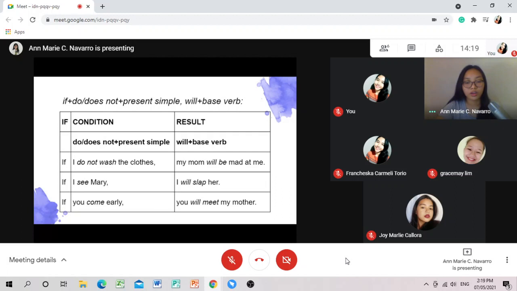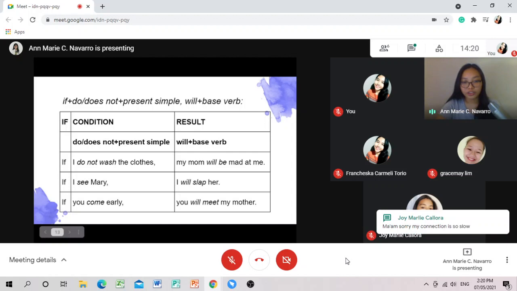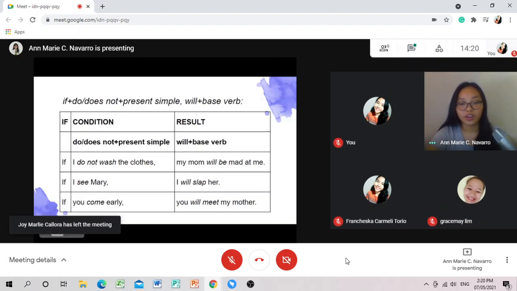Wait, I think there is something. Do you think there is something wrong with the second and third sentences? Yes, there is something wrong with the second and third sentences. So it should be: if I do not see Mary, I will slap her.